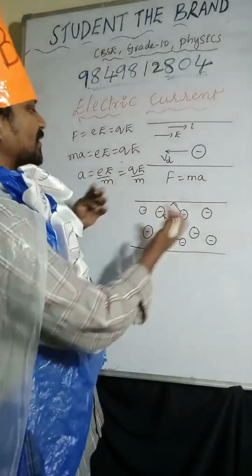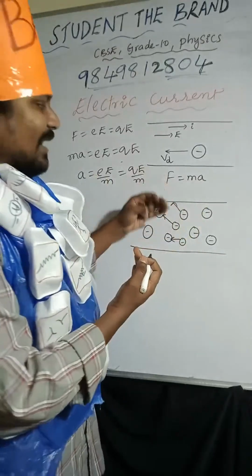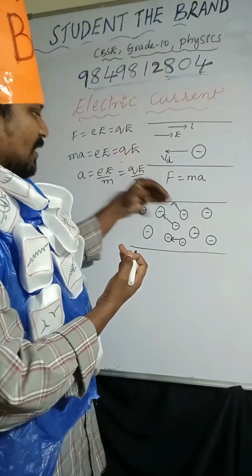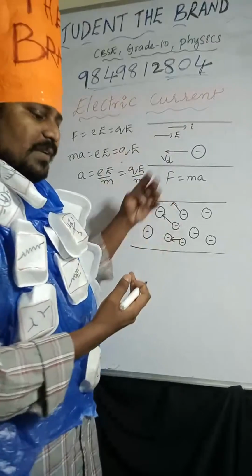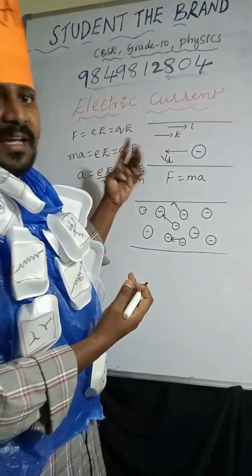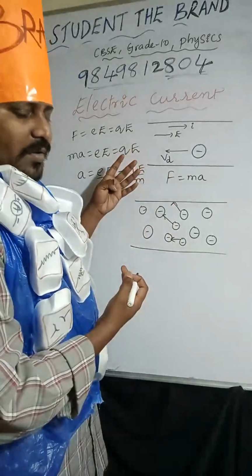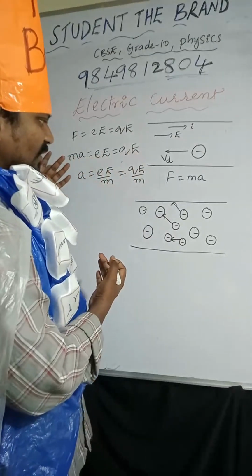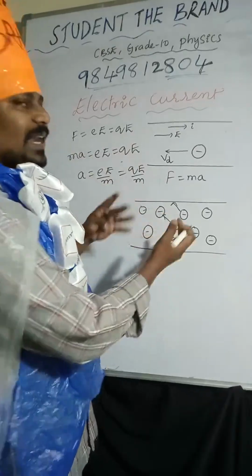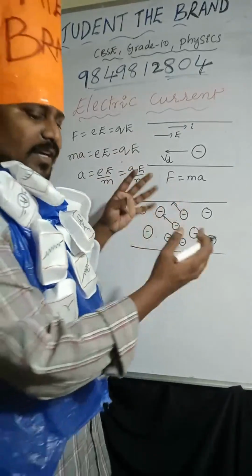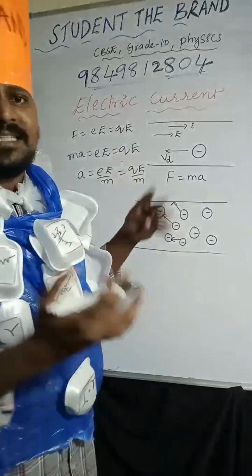Electrons will exchange the velocity. One electron will hit another electron, then the velocity of the electrons will exchange. Automatically, velocity changes after each collision. Yes or no?